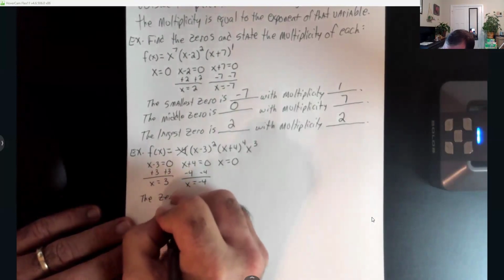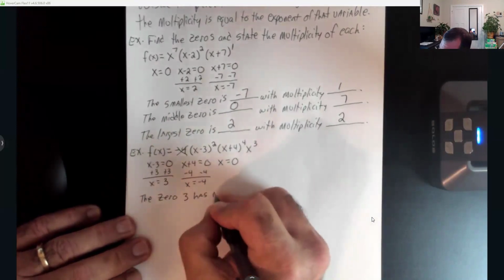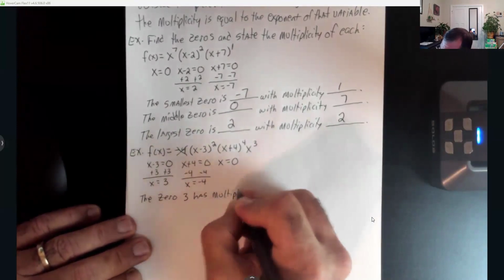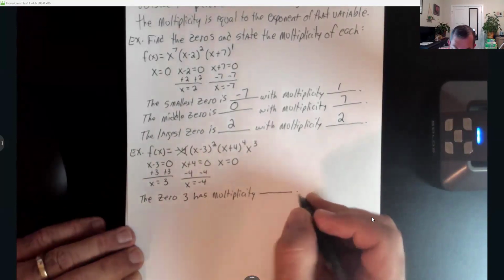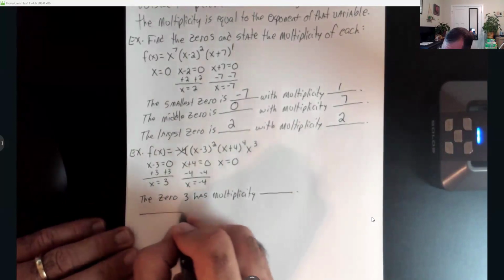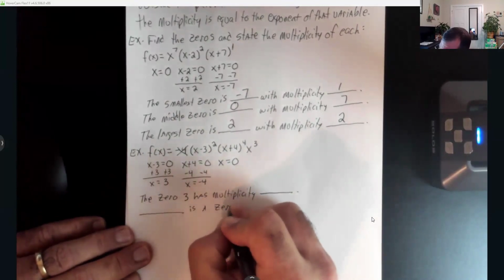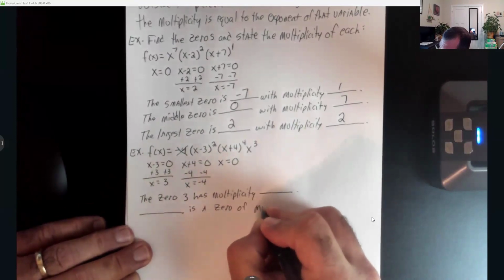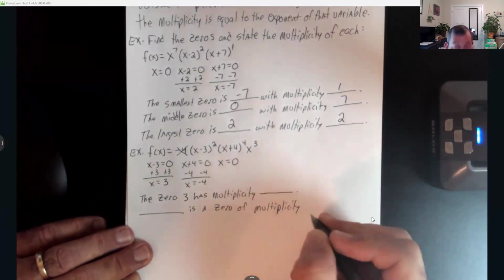The 0, 3 has multiplicity blank. Then they say blank is a 0 of multiplicity 4.